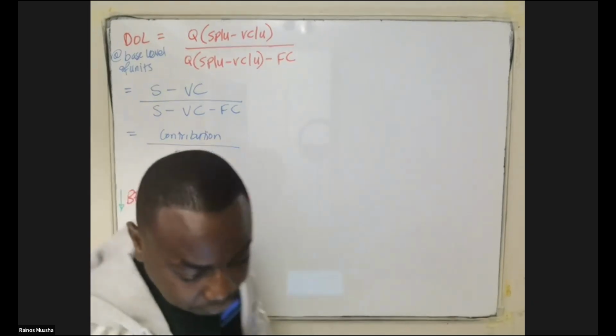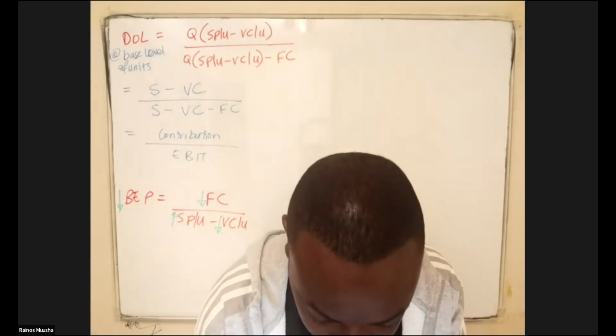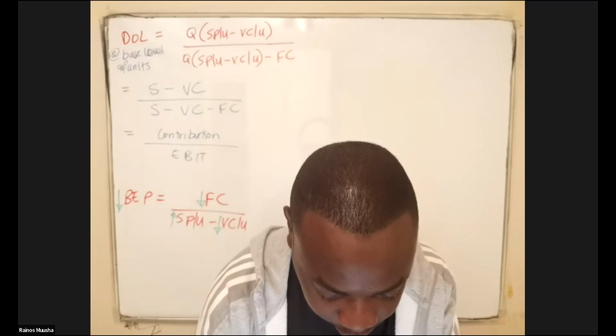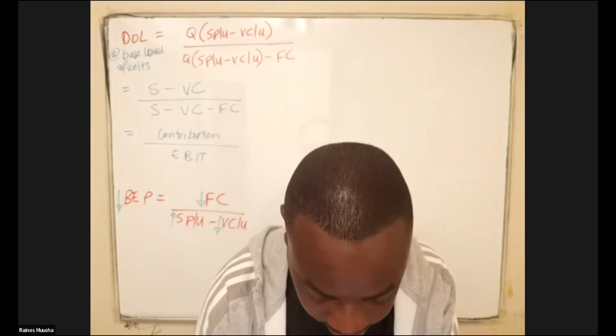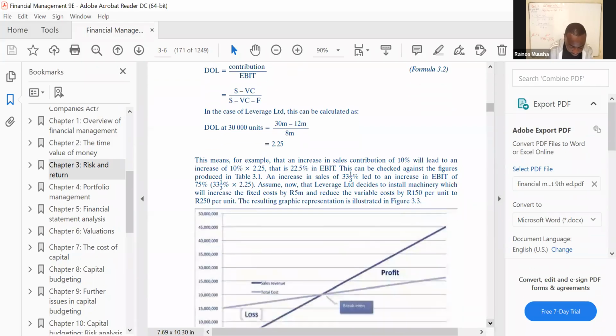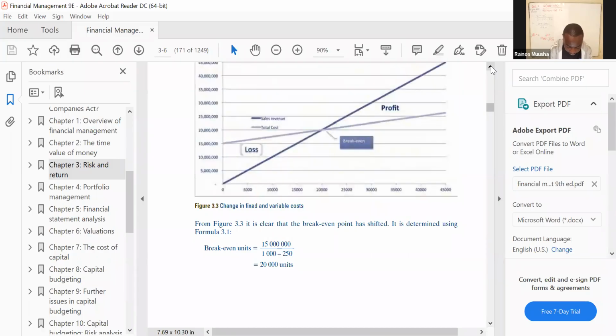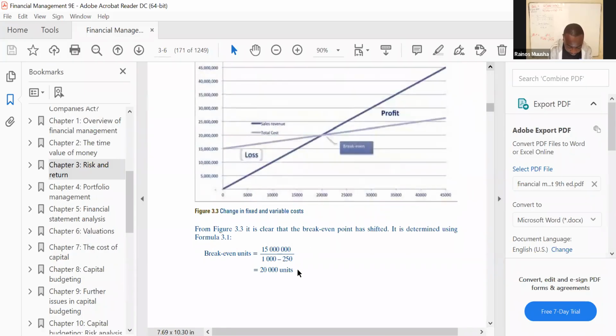As an example, to demonstrate this relationship, if you check on page 6 of the textbook, they give us an example where the fixed costs have increased to 15 million.